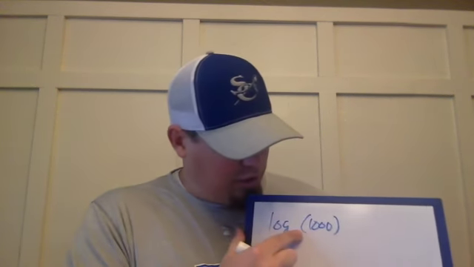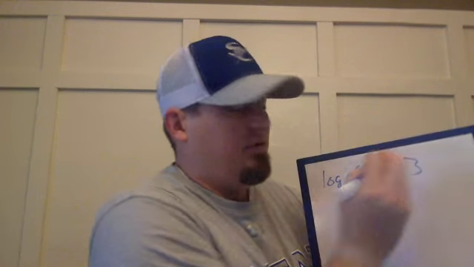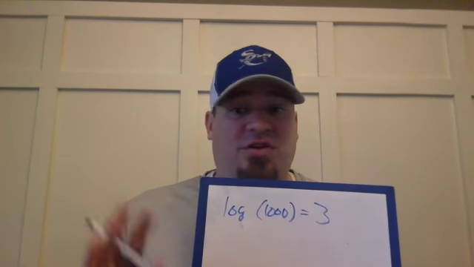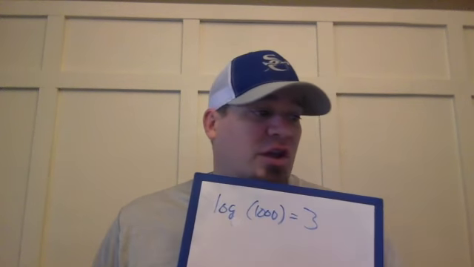So the log base 10, or the standard log of 1,000, like this, is 3. So anytime you're given a problem that just says log of a number, you're going to be able to do that. Now, there is a log button on your calculator that is the standard log. It is right next to the 7 button on your calculator.